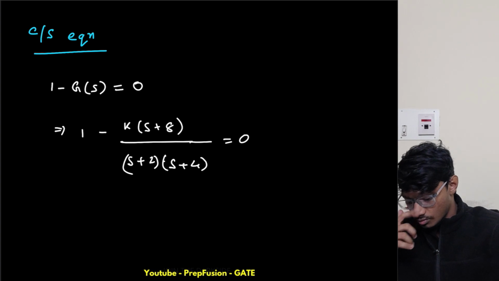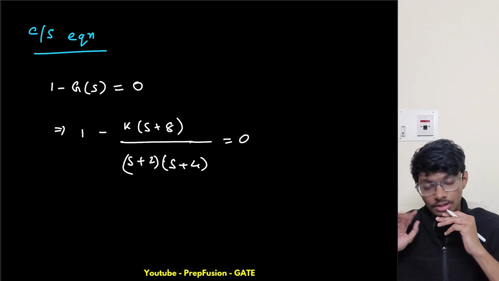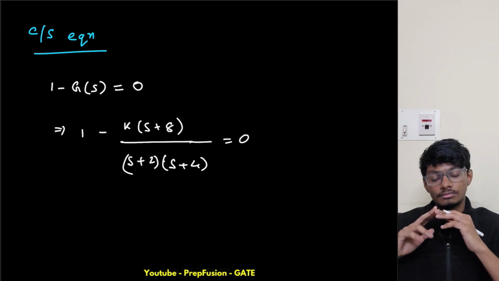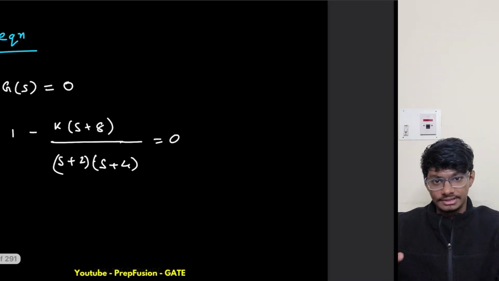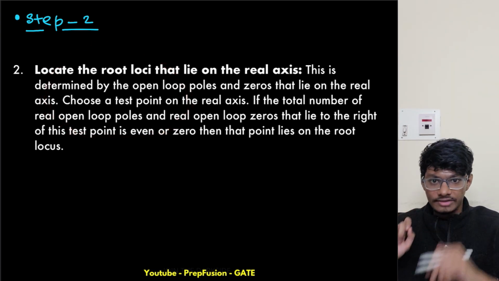Now what was the next step that we used to do? We find where my root locus lies on the real axis, that is, where my test point lies on the real axis. We do that by checking the even number of poles and zeros.